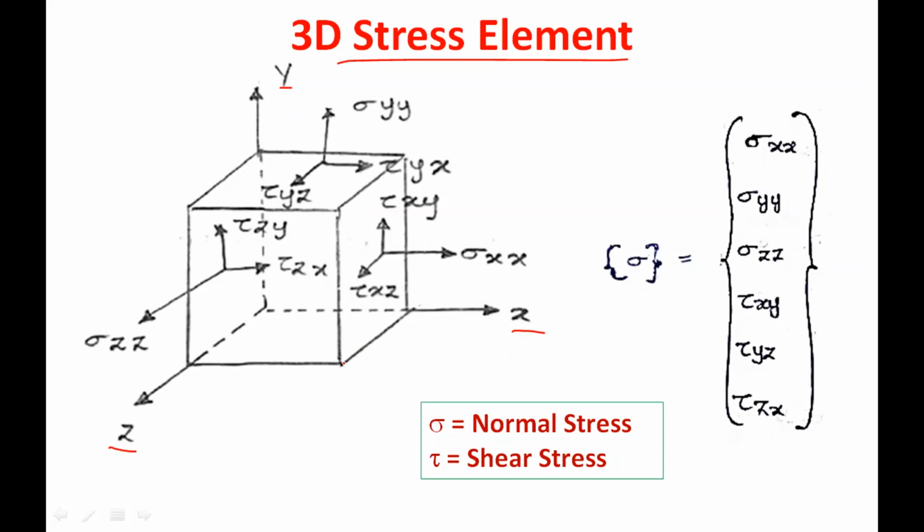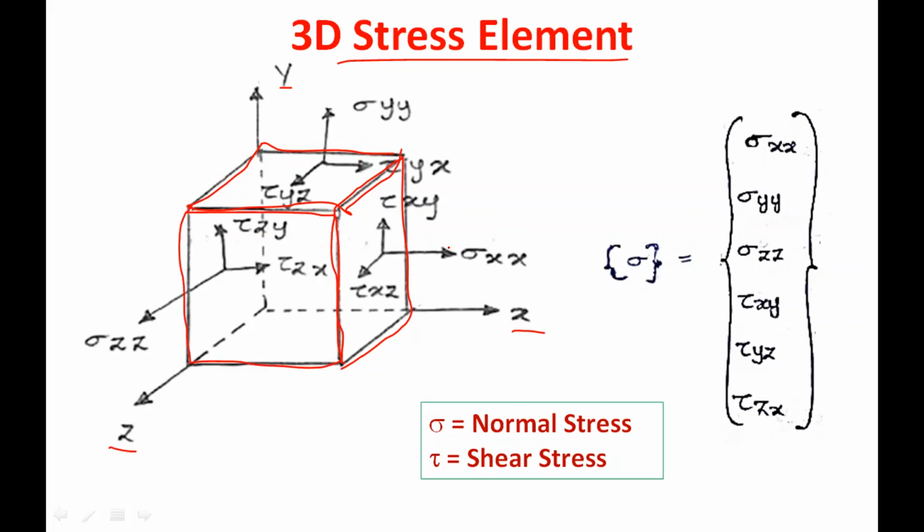If you take this plane, the plane which is perpendicular to the x-axis, this is going to be called as x plane. Similarly, if you take this plane which is perpendicular to the y-axis, then this is called y plane, and this plane which is perpendicular to z-axis, this is called z plane.